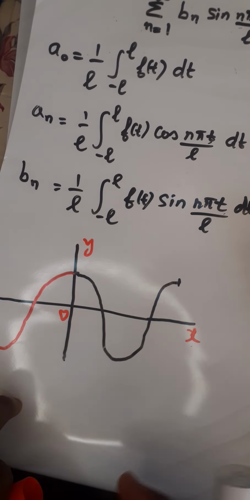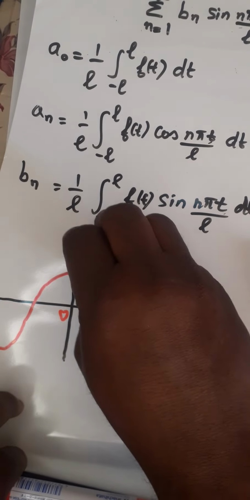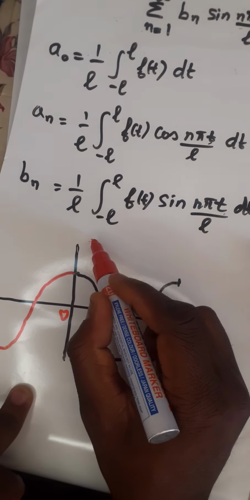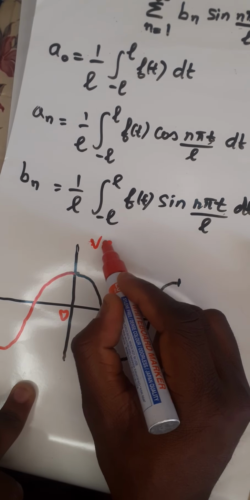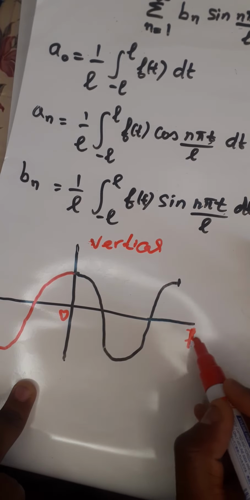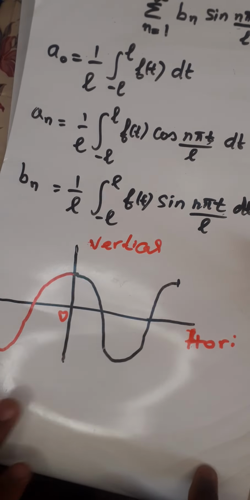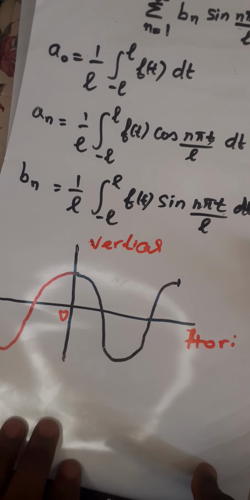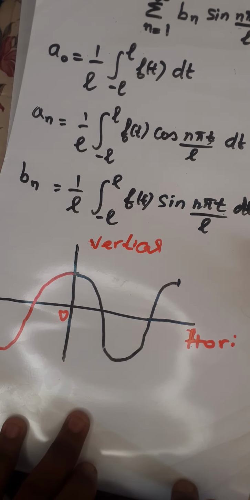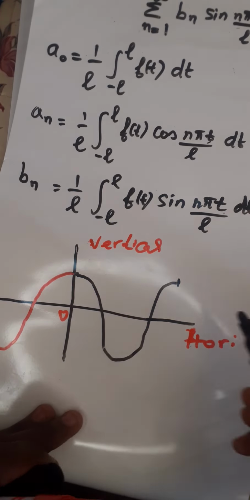This is your vertical axis, and this is what? Horizontal. Now, for you to know which one is odd and which one is even, you check the second letter.